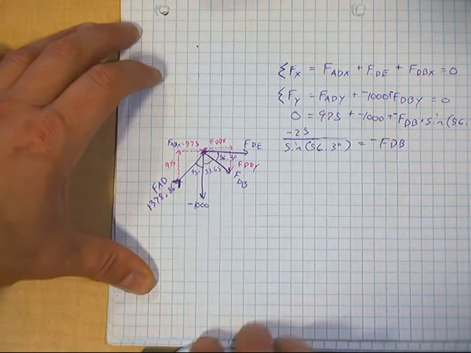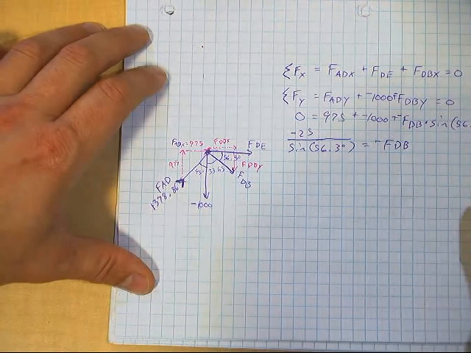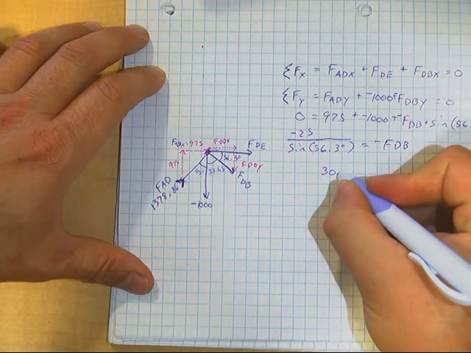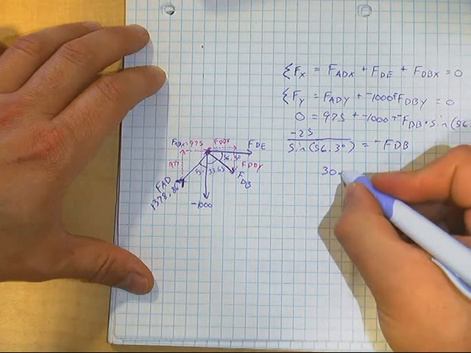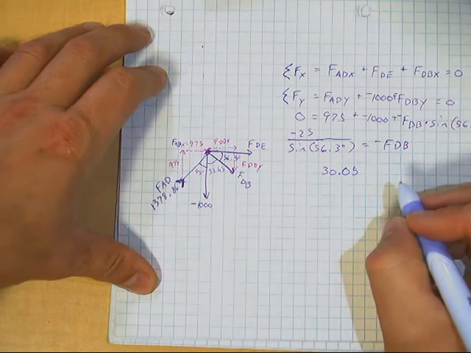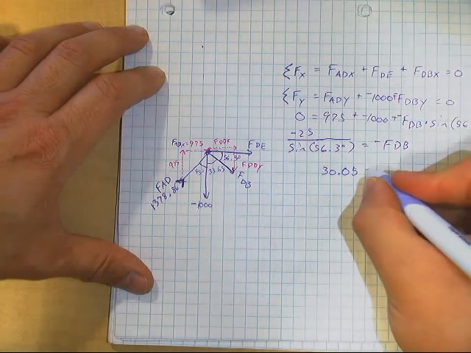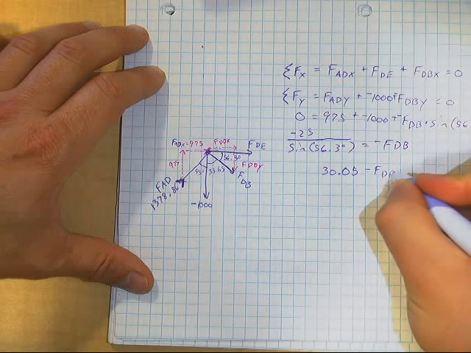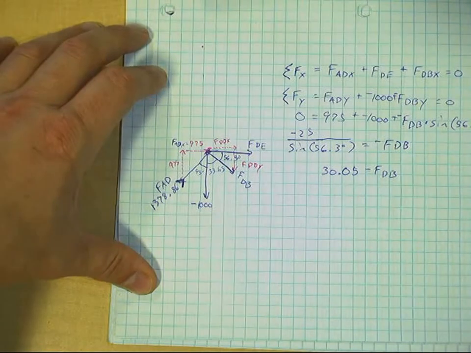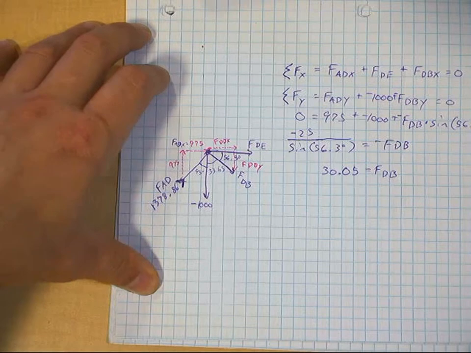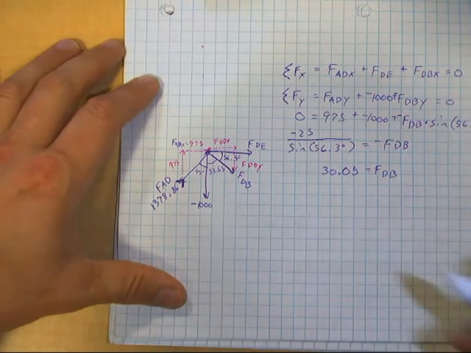We end up with 30.05. So for FDB, we end up with 30.05.